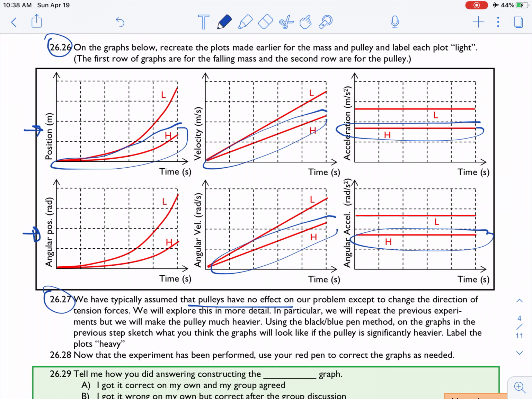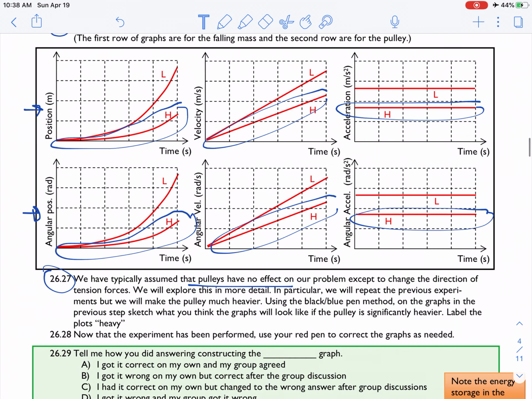Angular velocity is going to increase, but at a lower rate. And that's the angular acceleration. That's the rate. And the angular position, again, will change, but it's not going to be as much as the light pulley case.